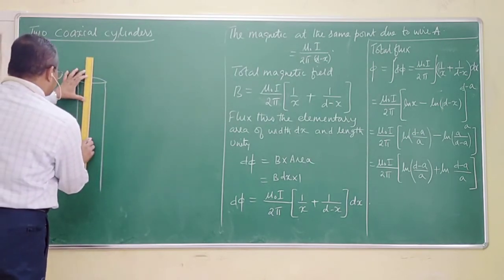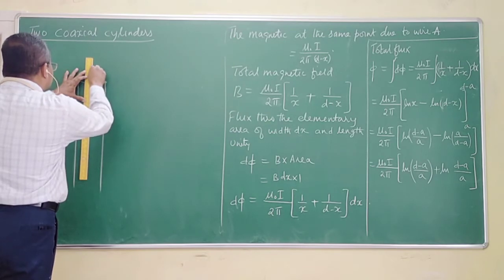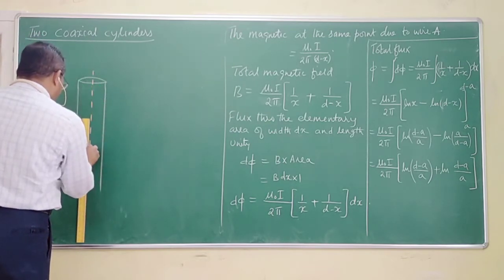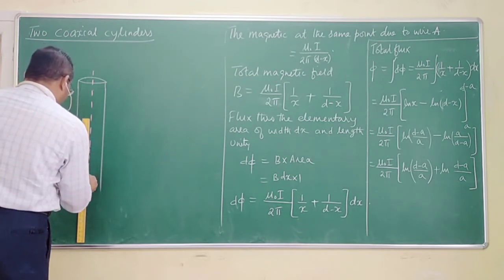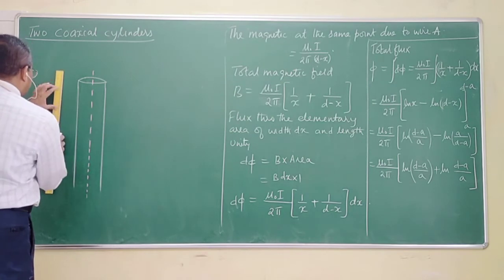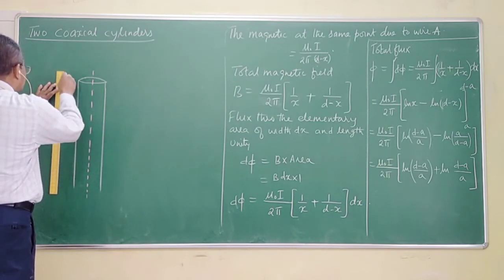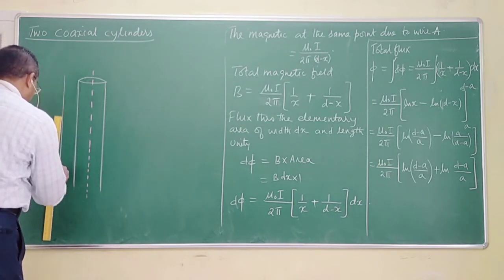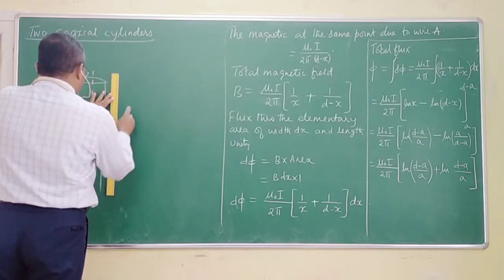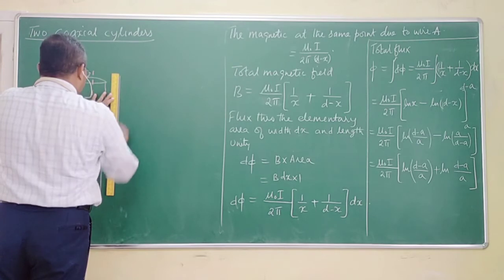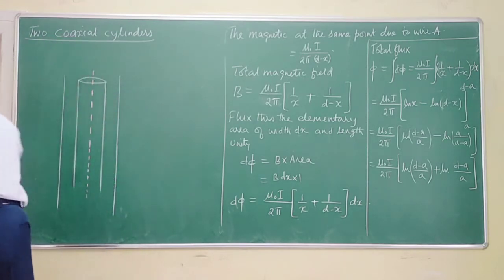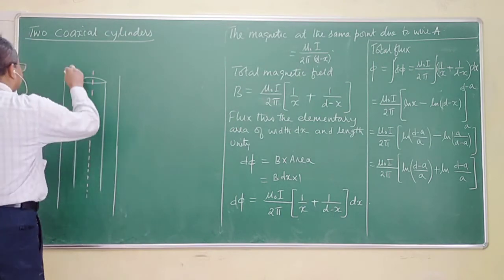This is the axis of the cylinder. I will draw it with a different color. Okay. Now there must be another coaxial cylinder. Let me complete this diagram.